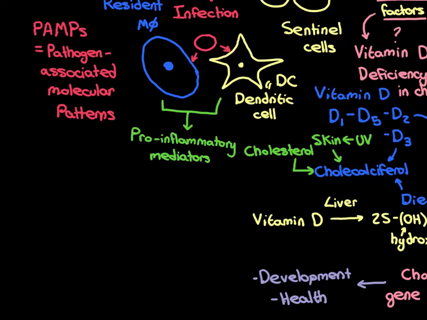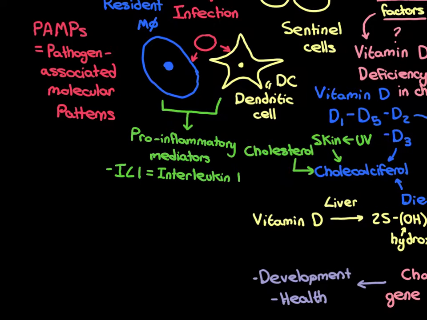The two most important pro-inflammatory mediators are interleukin-1 and tumor necrosis factor alpha. So we will just put these two down because these are the two most powerful ones, the two most important ones. And this goes for all initiation of the inflammatory response. Anywhere, when you're studying the inflammatory response, these two mediators are the most important ones to know about.